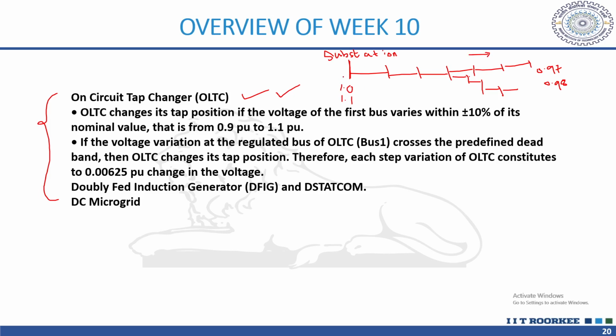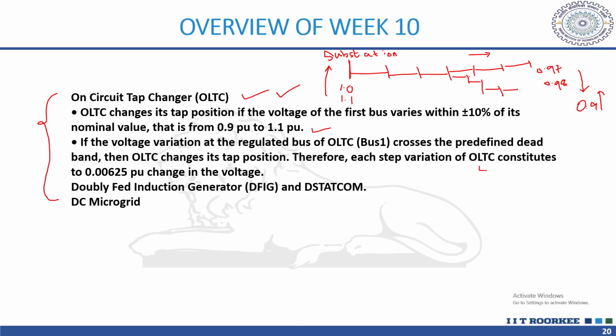So this OLTC is installed at the substation, and it is varied whenever the voltage decreases beyond 0.9. To increase the voltage above 0.9, we have to increase the voltage at the substation, and that can be done by the OLTC.